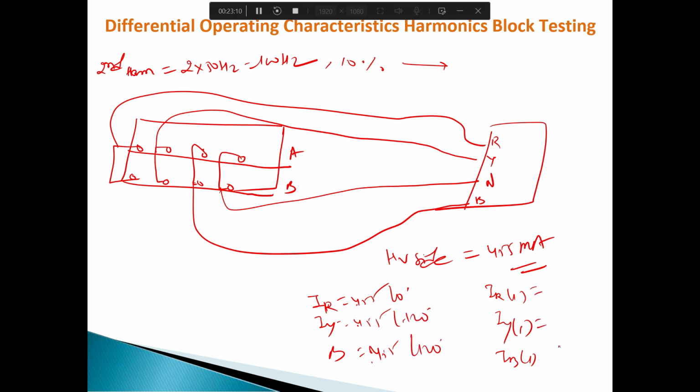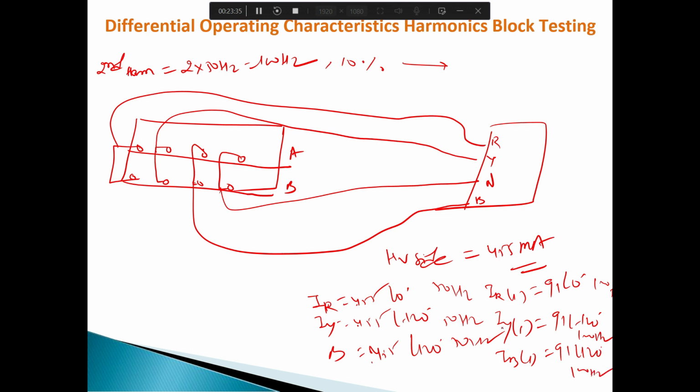Then inject a current which is more than 10%, suppose 20%, that is 91 at an angle of 0 degree, 91 at an angle of minus 120 degree, and 91 at an angle of 120 degree. Since you are testing for the second harmonic, if this is your 50 hertz signal, what you have to do is make this side 100 hertz. This is also 100 hertz, and this is also 100 hertz.